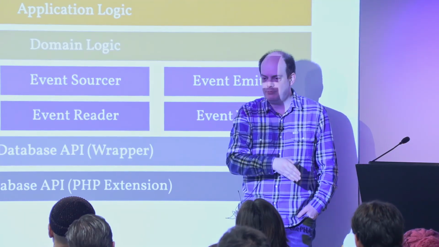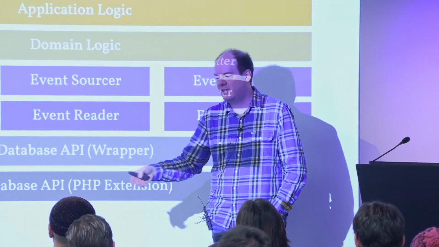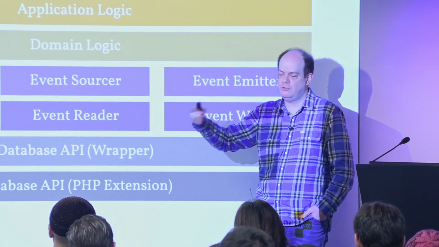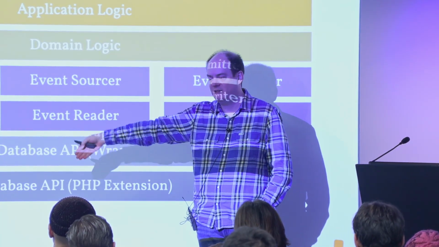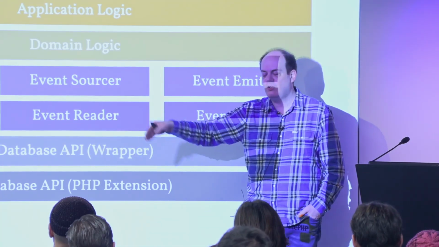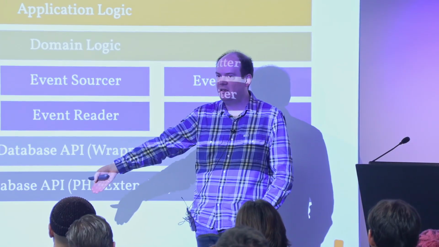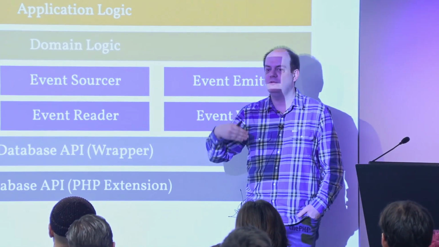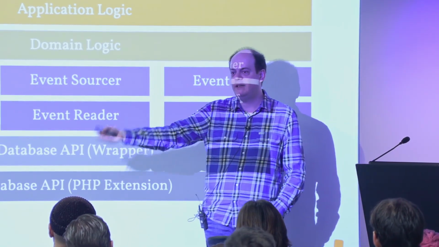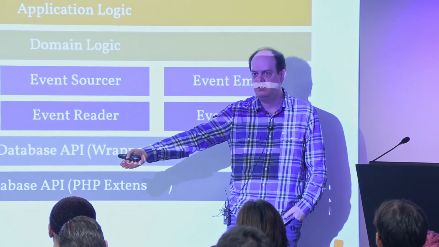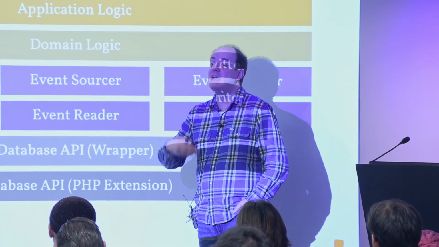There are separate users with different privileges. Like if I'm in a GET request, I know I'm not going to make a change to the state of my system. So I don't need to do any event emitting. I only need an event reader. So I only need a database connection that is allowed to do a select statement.